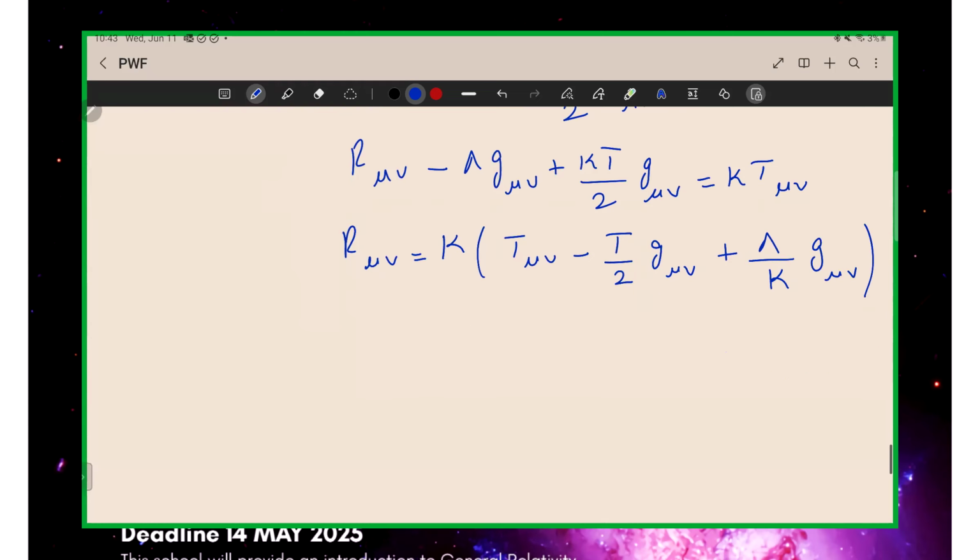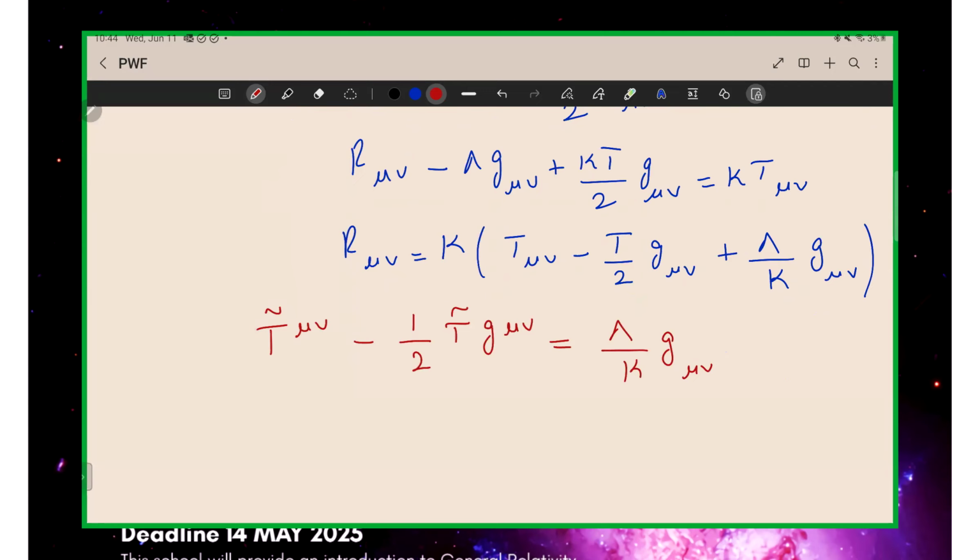Now you can ask the question: is there some stress tensor, let's call it T tilde mu nu, such that if you calculate this particular quantity, that will give you this?